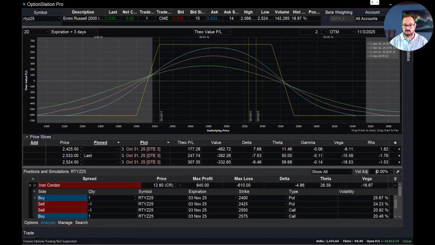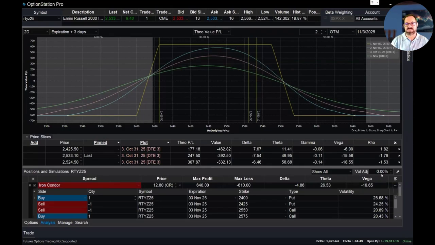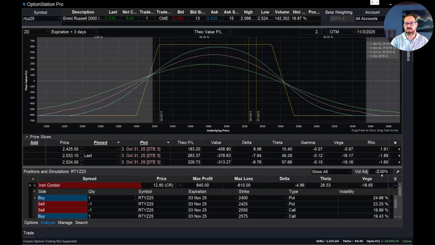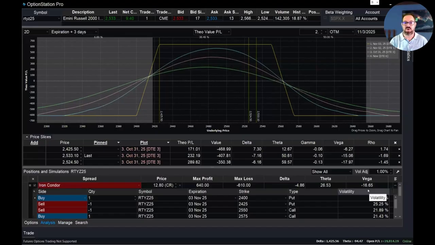But if we got dropped by 1% in volatility, 262, again, from 247. So my profit went up when volatility dropped. The lower we go, the more profit I take. Why? Simply, I've got a negative vega. So I want volatility to drop. If volatility rises, I'm going to lose profits. If I take it the other way and go up, we went from 240 down to 232.